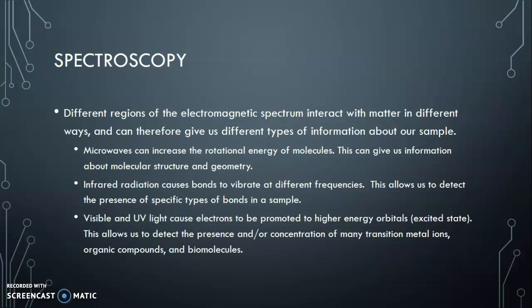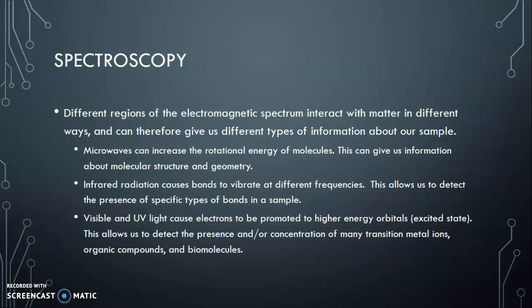So if you are exposing your sample to microwave radiation, this will generally increase the rotational energy of molecules, which can give us some information about molecular structure and geometry, according to how they absorb that microwave energy and enter higher energy rotational modes.